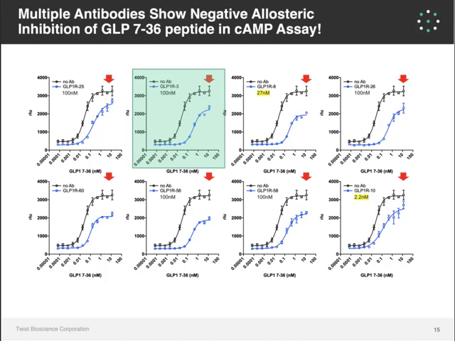We then added a high concentration of each of these 8 antibodies to assess how they would affect that activation. All 8 either inhibited the overall signal or even shifted the activation signal to the right. So they were either direct antagonists of the receptor or negative allosteric effectors.